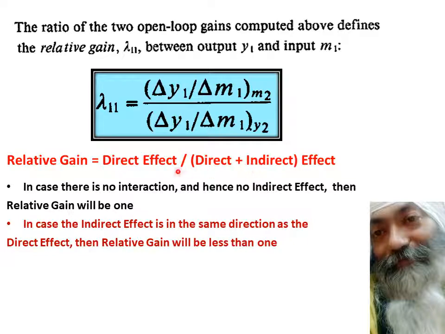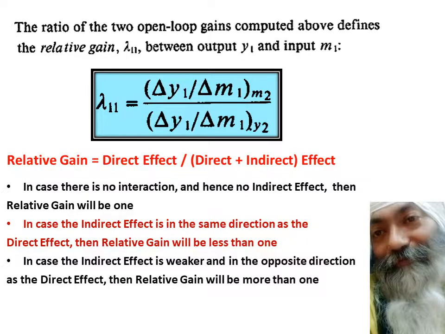So we have direct effect in the numerator and direct plus indirect effect in the denominator. More is the interaction, more is the indirect effect, more is the denominator as compared to the numerator, and therefore a relative gain will be less than 1. So the moment we say relative gain is less than 1, it indicates number 1, there is interaction, number 2, the interaction is in the same direction as that of the direct effect.